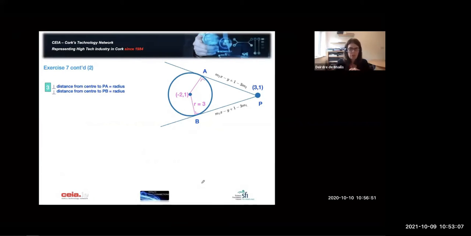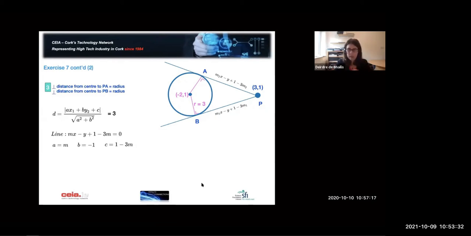So step 3, we know that the perpendicular distance from the center to the first tangent PA is equal to the radius, and we know that the perpendicular distance from the center to PB equals the radius as well. And using the formula in the tables, we can set it equal to 3.